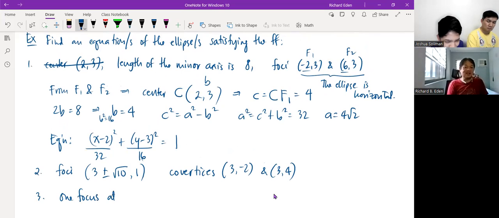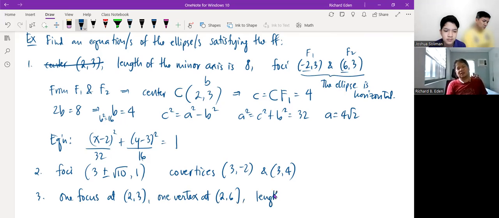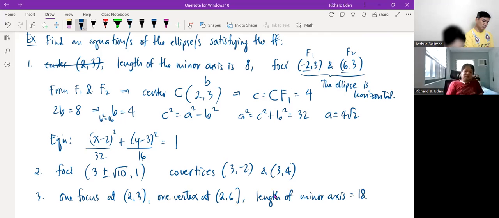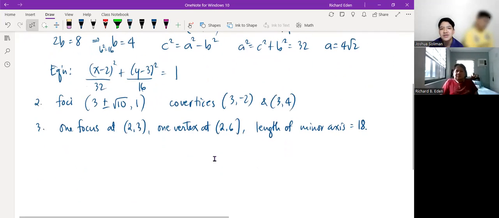One focus is at 2, 3. When the focus has no square root, it's not a surd. One vertex at the point 2, 6. The length of the minor axis is 18. So we have the major axis, the focal distance, and the minor axis.